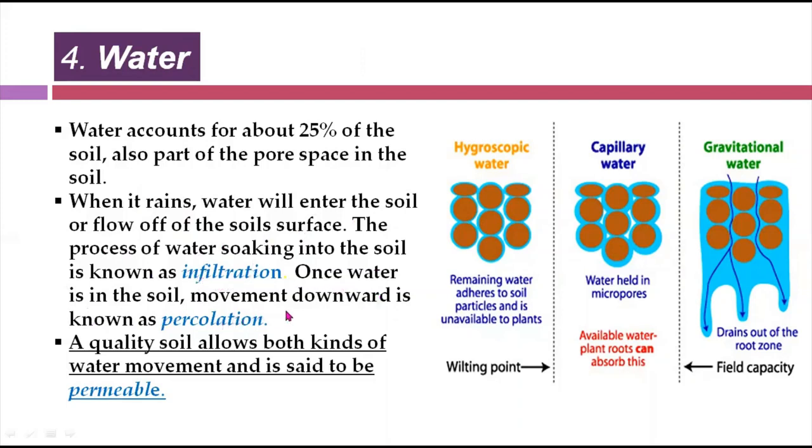Water in the soil moving downwards is known as percolation. जब वो पानी और नीचे चला जाए तो उस प्रोसेस को हम percolation कहते हैं. A quality soil allows both kinds of water movement and is said to be permeable. यानी कि जो quality soil है, it allows both processes of infiltration and percolation, and that quality or character of soil is called permeable, means it gives permission to the water not only to be part of the soil but also to move freely.